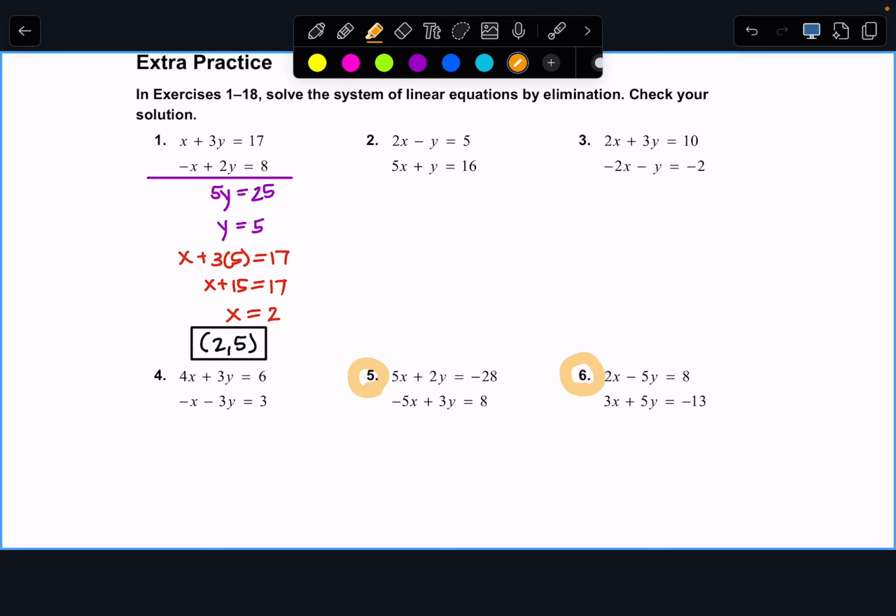It's true. 13 minus 8. So the first one I probably need is 4.